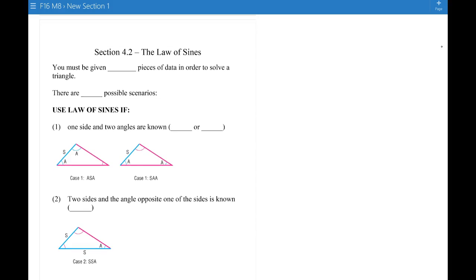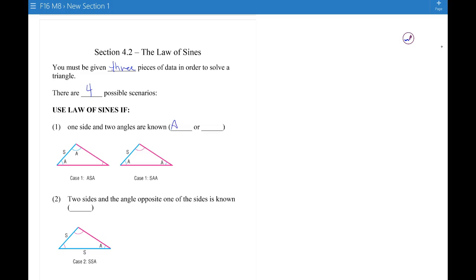So you have to be given 3 pieces of data in order to solve a triangle, but there's actually 4 possible scenarios. So you're going to use the law of sines if one side and 2 angles are known.